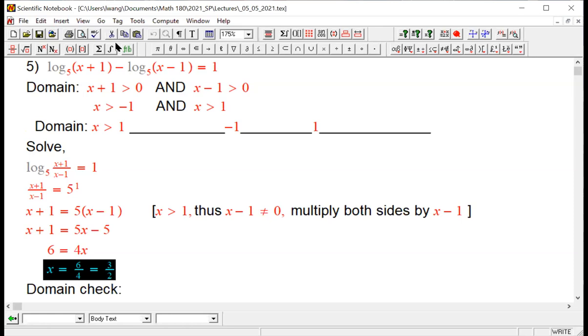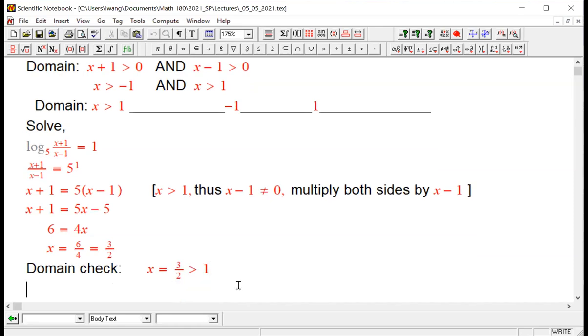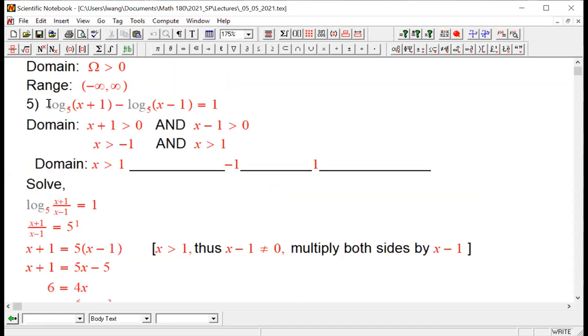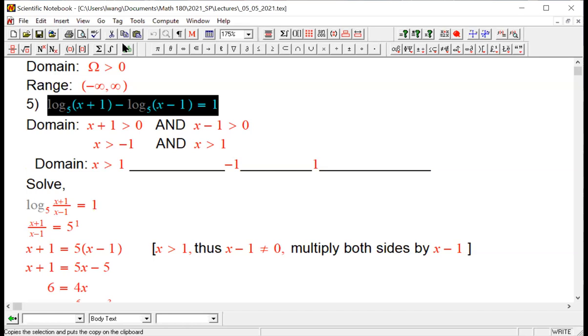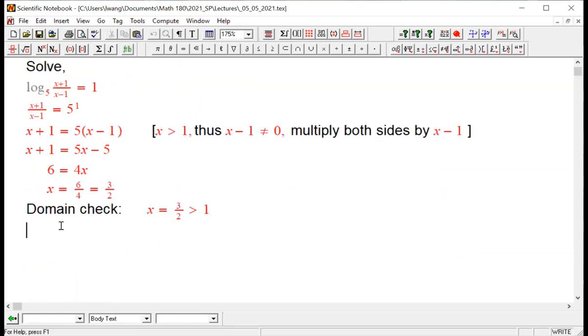Okay, so x equals 3/2. It's larger than 1. But this is not enough reason to say it is a solution, right? So we have to bring it back to the original equation. The original equation is right here. Okay, so we're going to check the left-hand side to see if that is equal to the right-hand side. Okay, left, right.